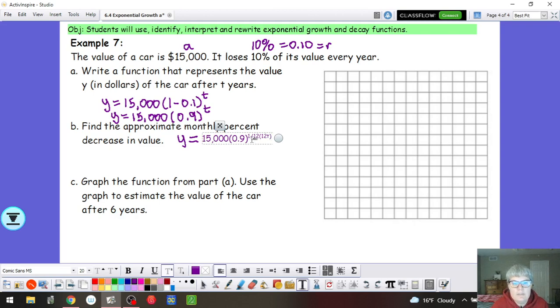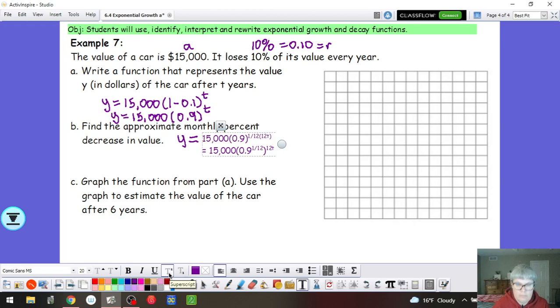But we want to find that approximate monthly percent decrease, so we need to find what 1/12 of that is. So using our properties of exponents, we can use 15,000 times 0.9 to the 1/12 power, to the 12t power.